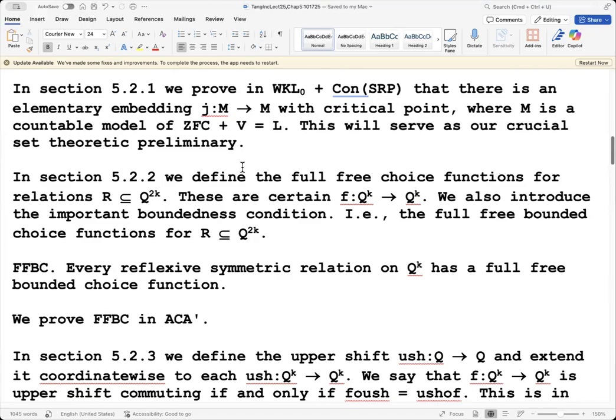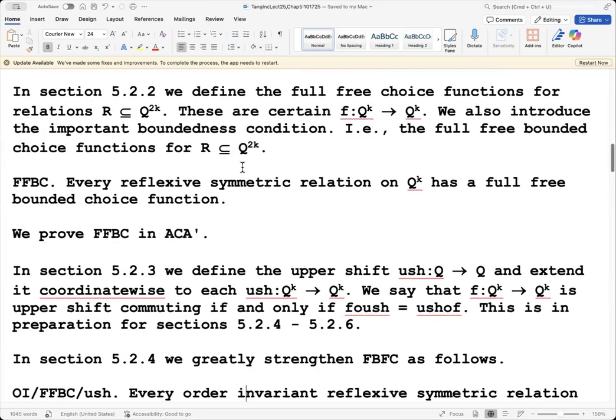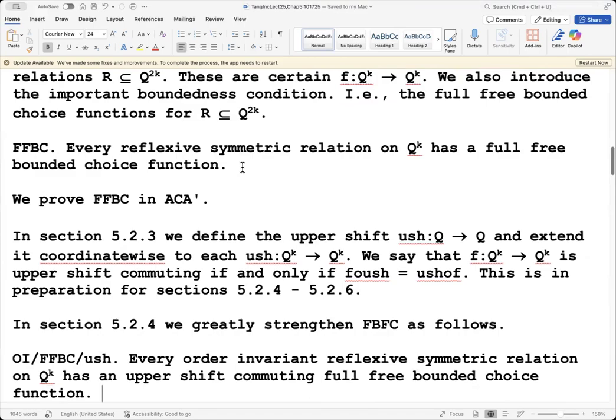FFBC says every reflexive symmetric relation on Q^k has a full free bounded choice function. We prove that in ACA prime, which is some extension of ACA0 but not as strong as ACA.